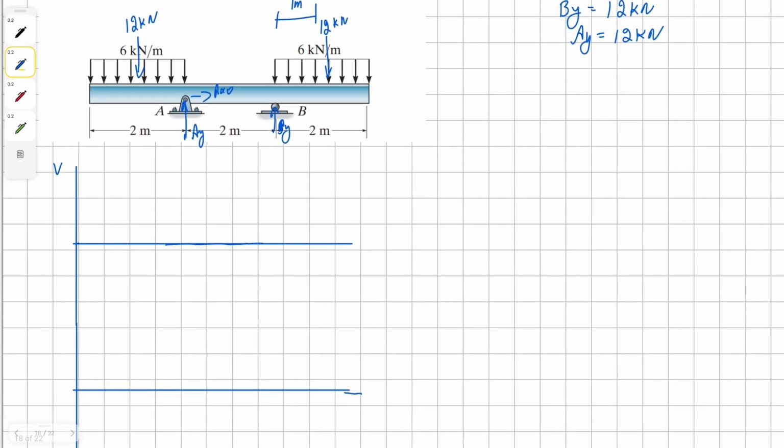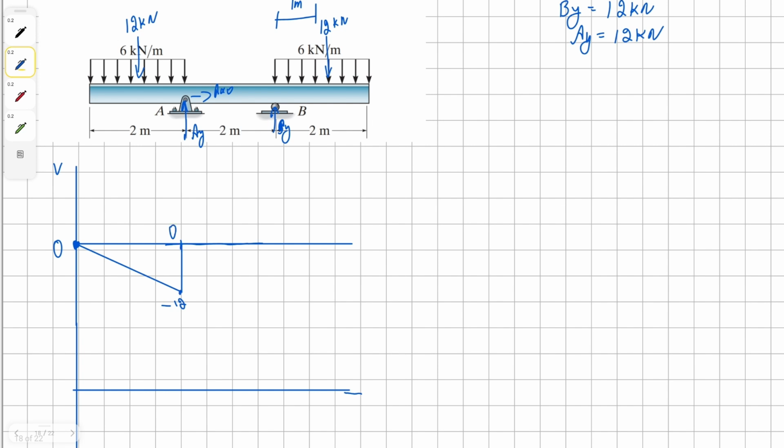Now we can start drawing our shear diagram. To begin, our shear is going to start at 0. Until AY, we're going to have a downwards first order curve to negative 12. And then AY brings our curve up to 0.